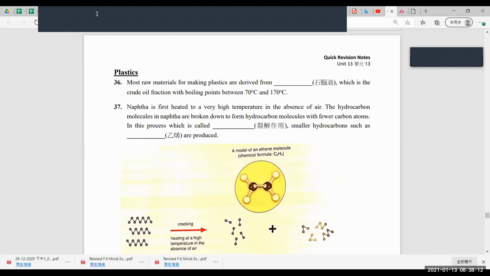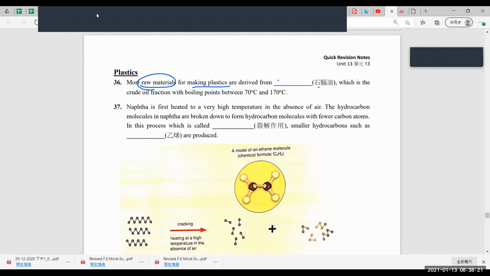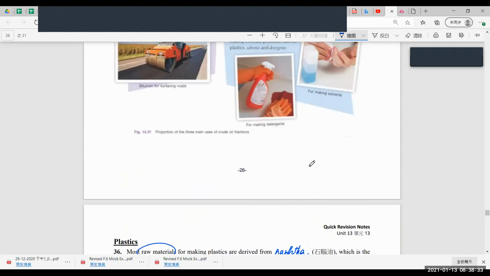So most organic compounds, most raw materials found for making plastic, are derived from, what is that? In your boiling point fractions, right? Of the fractional distillation of crude oil, 石路油. Recall your memory. Where is 石路油?